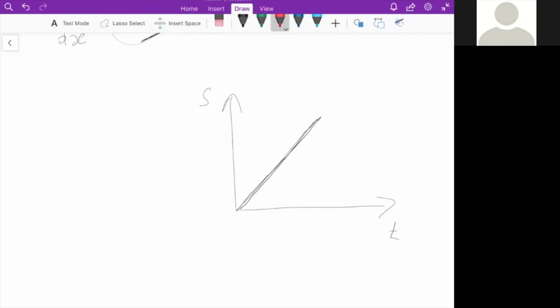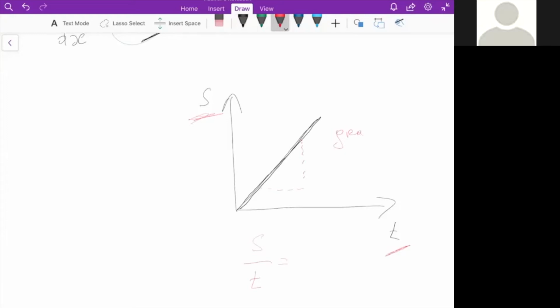The gradient would be equal to what in physical terms? This is distance, this is time, so d over t. So distance divided by time gives us what from your physics?